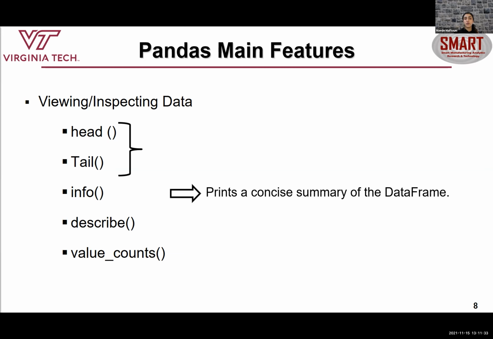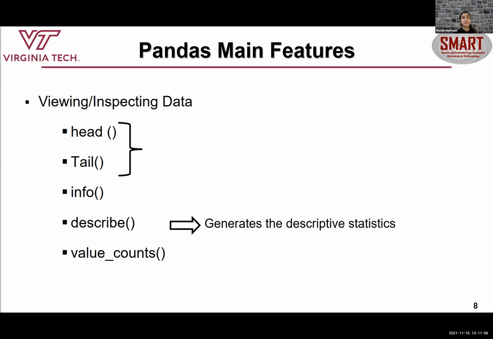So with info, you get to know what the columns are, what the types of the columns are, and how many data points are populated in the records for each of the columns. And we will get to see that in the examples, but I just want to give you a bigger picture first. And then describe is going to generate the descriptive statistics on the quantitative columns.